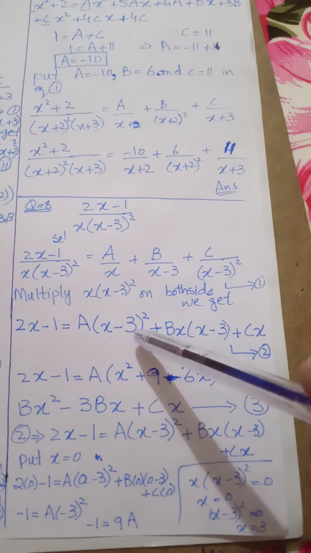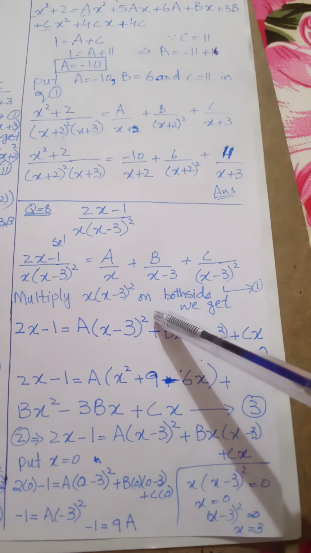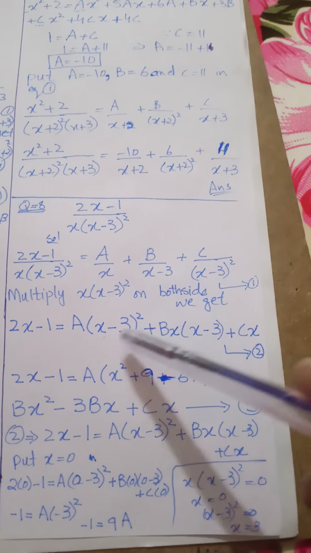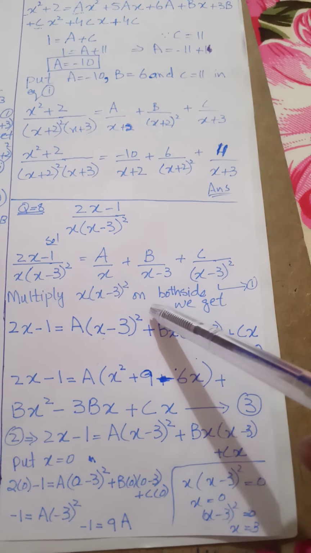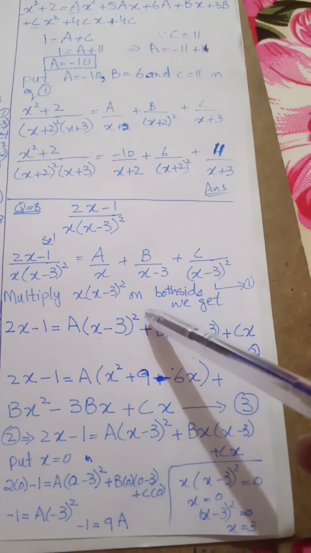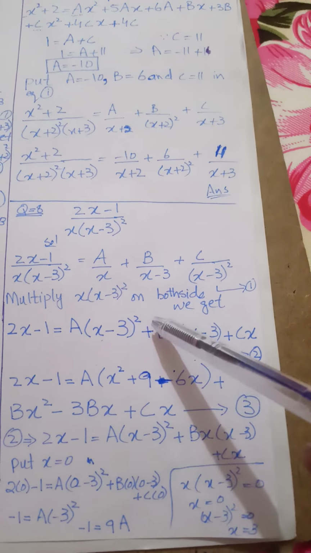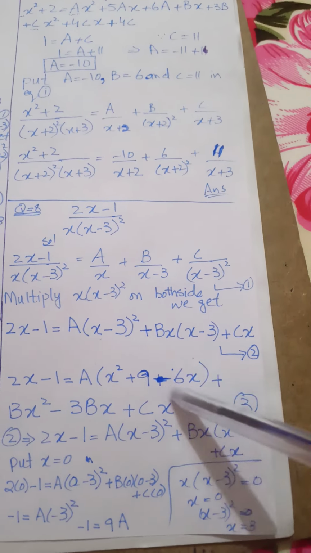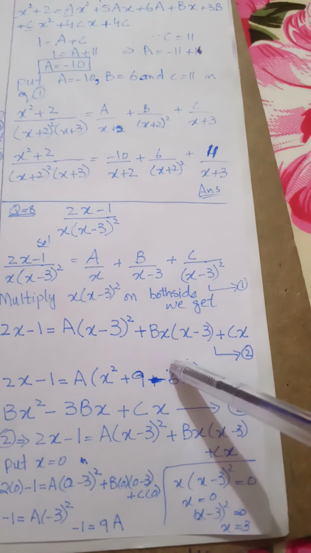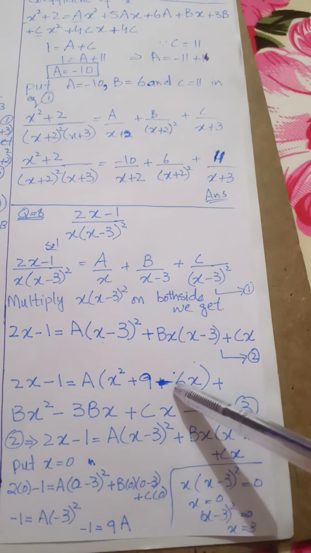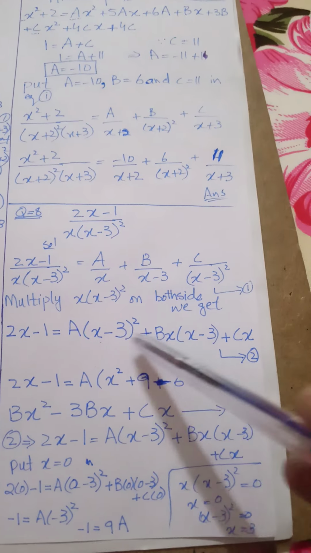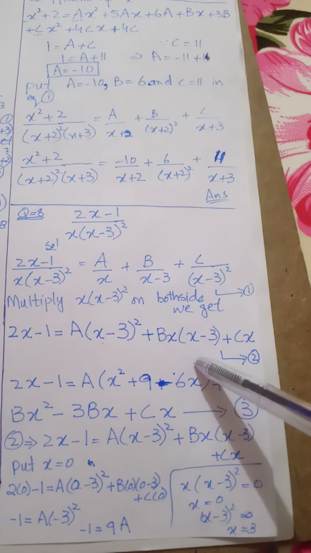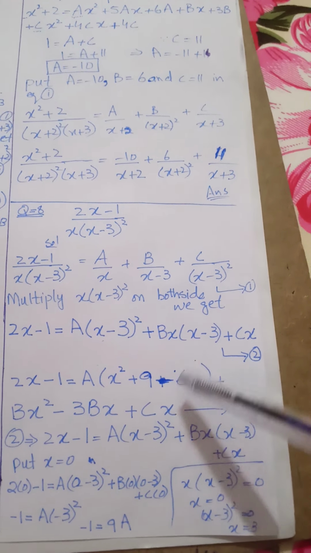We use the formula: x minus 3 whole square is the same as a minus b whole square. The formula for a minus b whole square is a square plus b square minus 2ab. So this is the minus 2ab term. Minus 2, a is x and b is 3. So minus 2 and 3 multiplied give us 6.